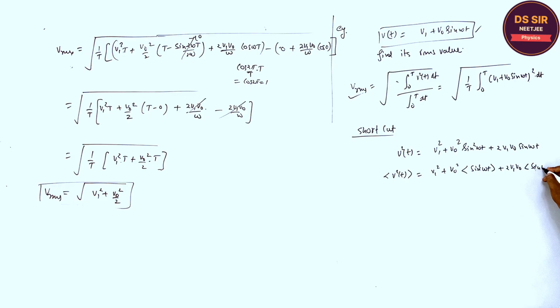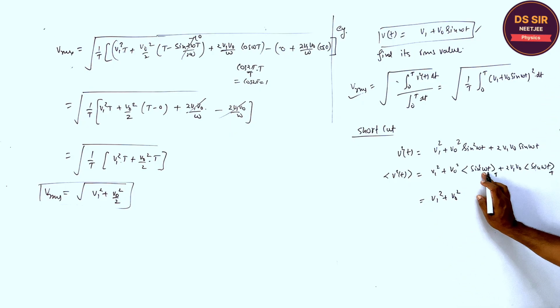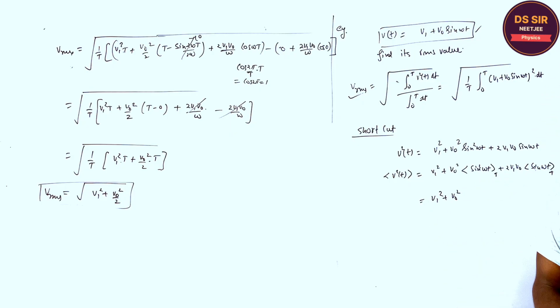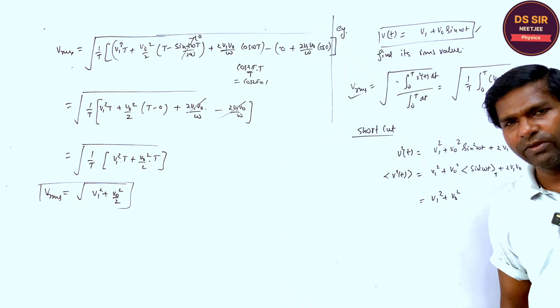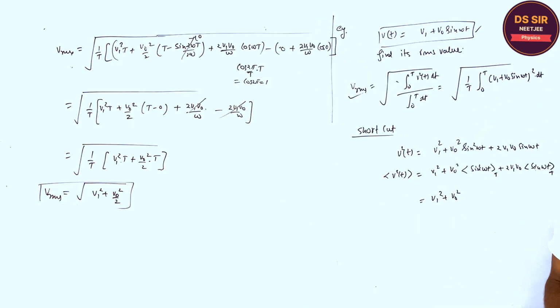You have to take the average, right, for one time interval. This is V1 square, V0 square. What is the average value of sine square omega t? A table I had given. Can you find the average value of sine square omega t from that? No, this is sine square omega t, not sine omega t.